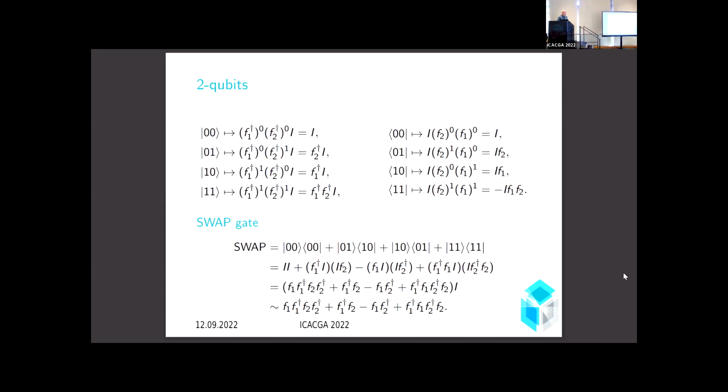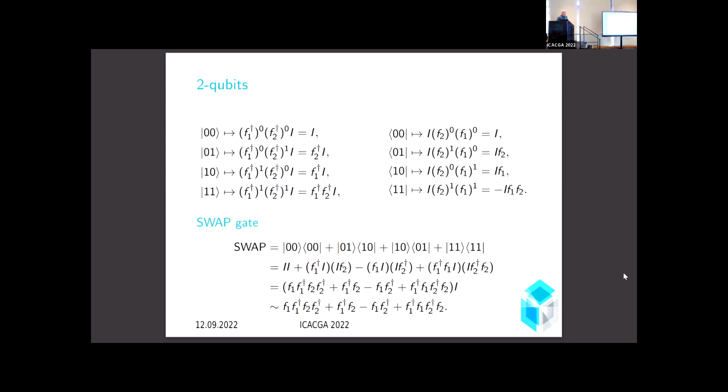This is the 1 on the second row, first column. So this is 0, 1, 1, 0. First column, first row, second column, etc. And so it's very, very easy to write any matrix in our formalism.